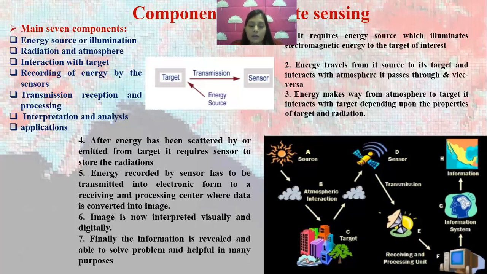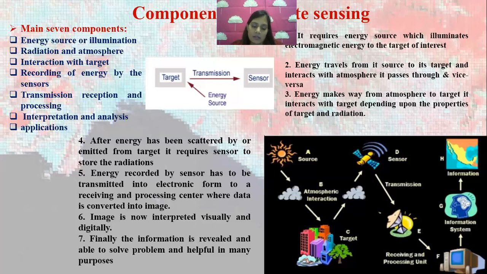Now we will go technically in detail. 7 components. Here I have written energy source or illumination. Please remember, you have to first mention all the components, and the components should be in this sequence only, right? So first is energy source or illumination. Then comes what? Radiation and atmosphere.